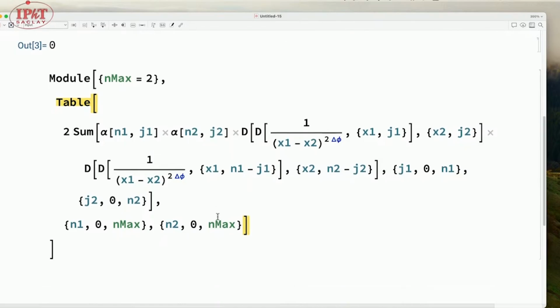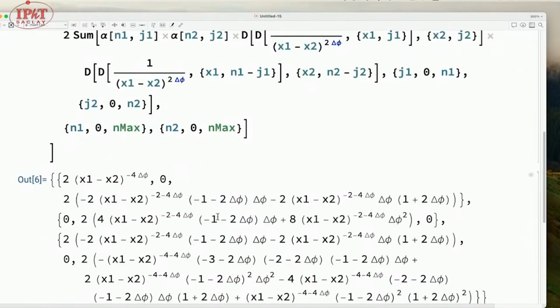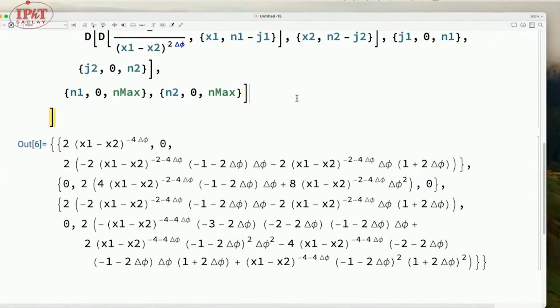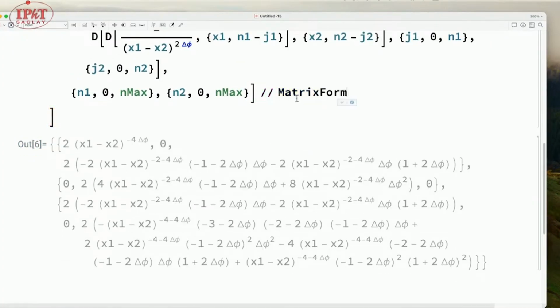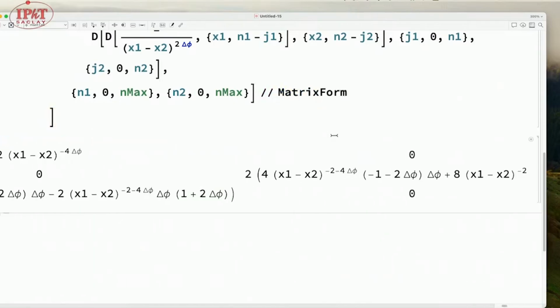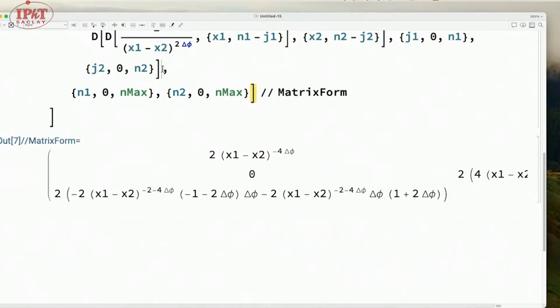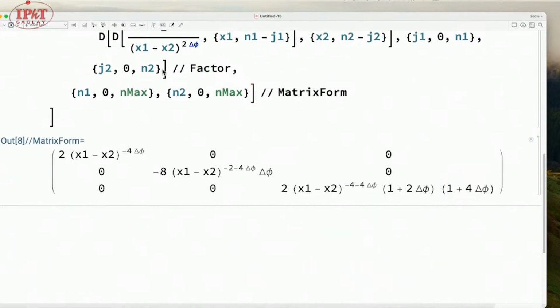Okay, so let's see if this gives us anything reasonable. It's a bit of a mess, but at least it looks reasonable. There's some diagonal structure. Okay, well, this looks good, right? What do we expect? What we already saw is the structure of this Kronecker delta n1 and n2.